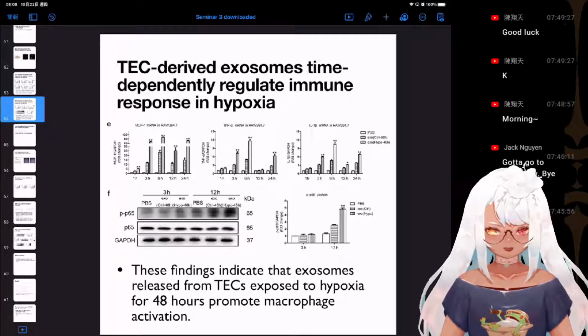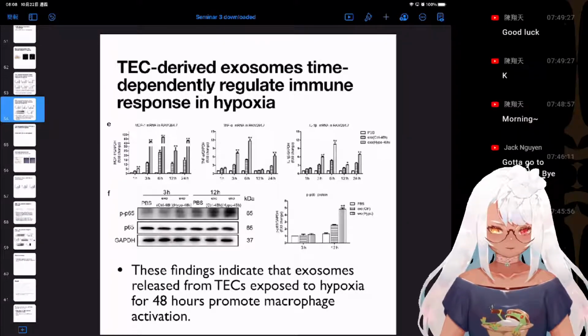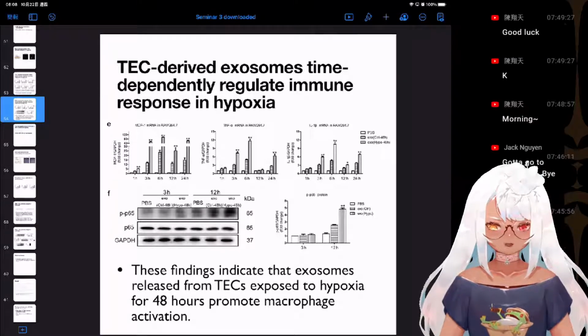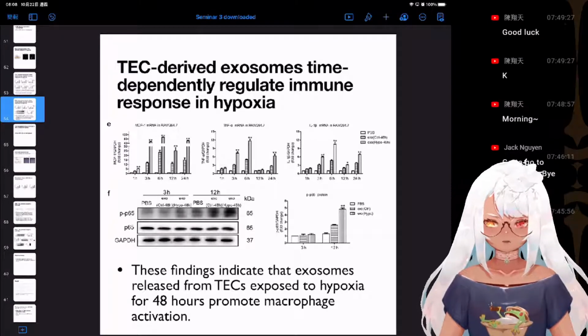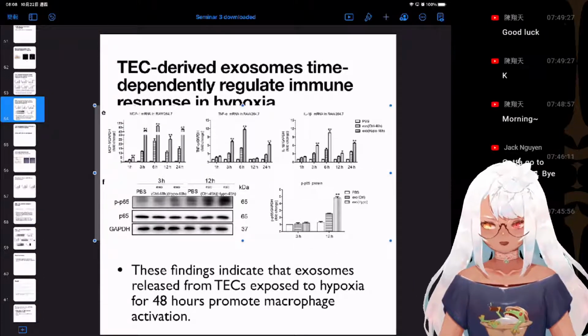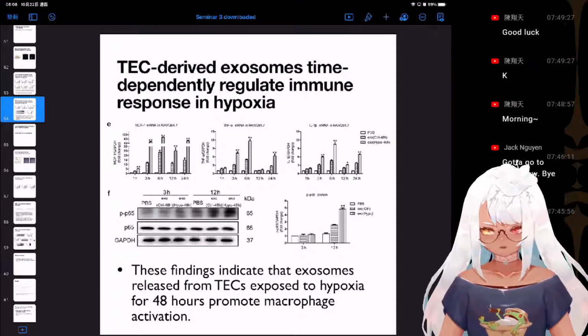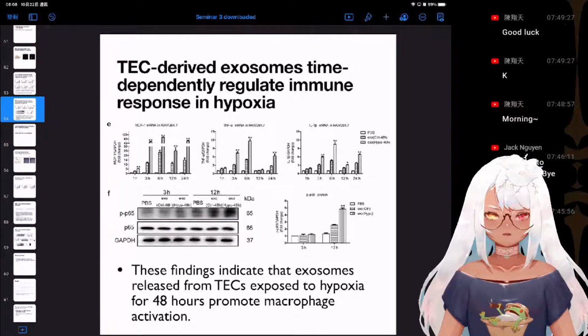Using 15 nanogram per milliliter of TEC derived exosome from the 48-hour hypoxia group, we can see that at different time points, over time, there is a significant increase of the inflammatory markers in the hypoxia group.